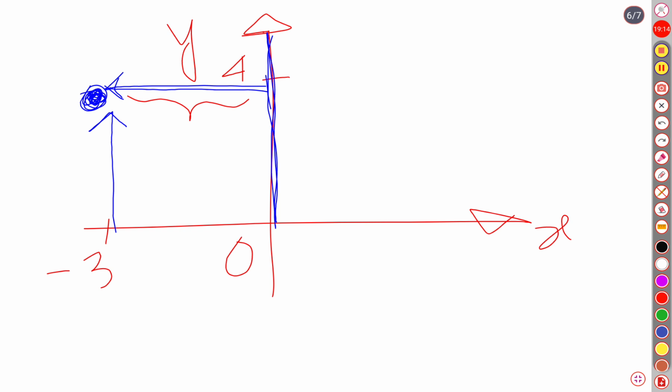Whenever someone asks you how much is the distance between two cities, Dhaka and Chittagong, you will say 200 kilometers or 400 kilometers. Or the distance between your school and your house cannot be negative. So distance is always positive. They asked for the distance, which means length, and length can never be negative, so it's actually 3. The answer is 3.